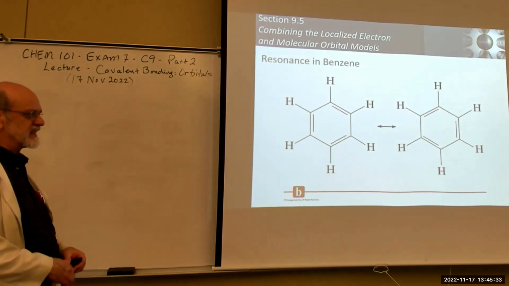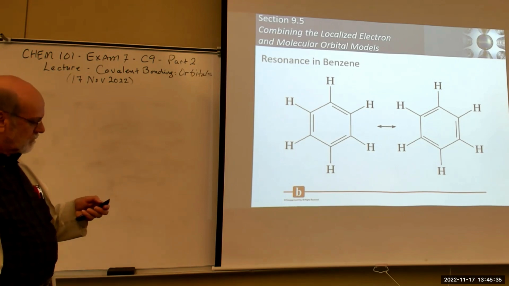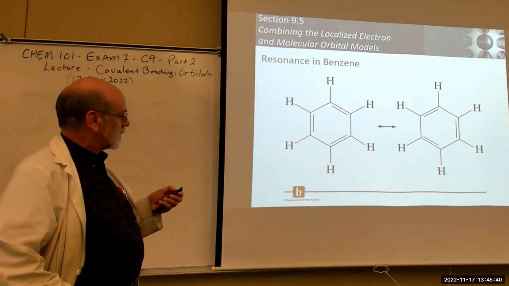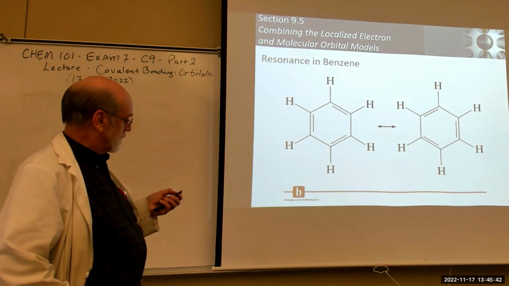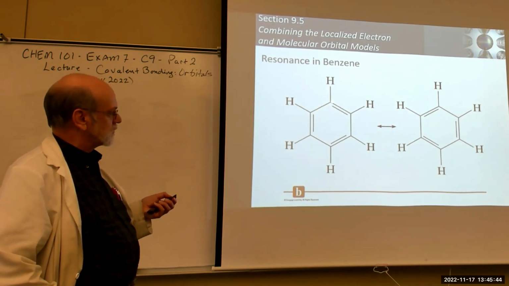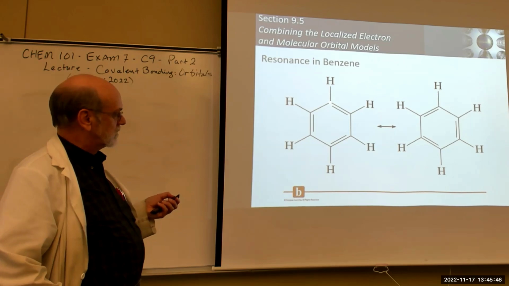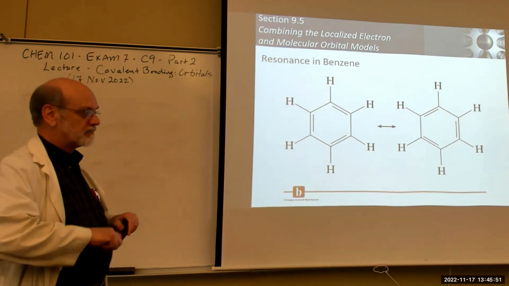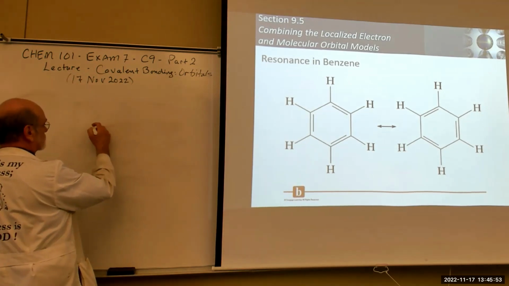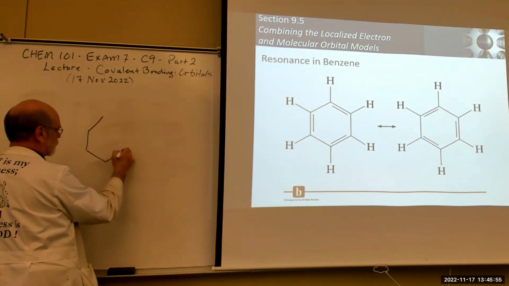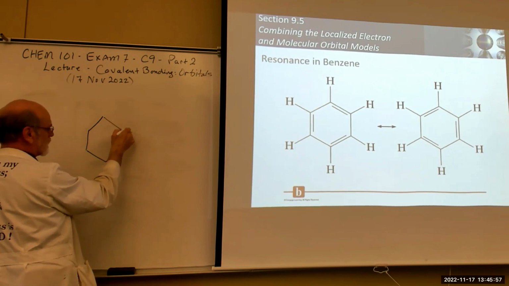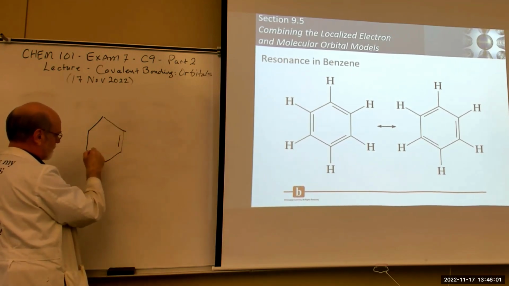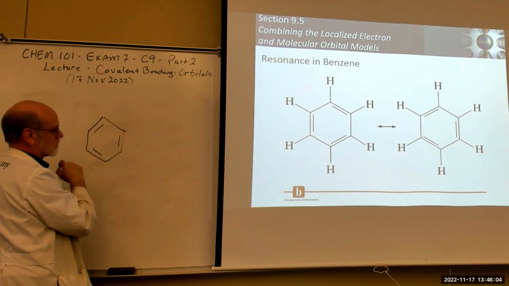Here's an example, benzene. In an organic molecule, I may have said this before, but I'll say it again. When we draw an organic structure, wherever two bond lines meet, that's a carbon. In this case, we actually drew the hydrogens, but typically we don't even do that. We just draw the bond lines. Each one of these is a carbon, and that's one possible structure.